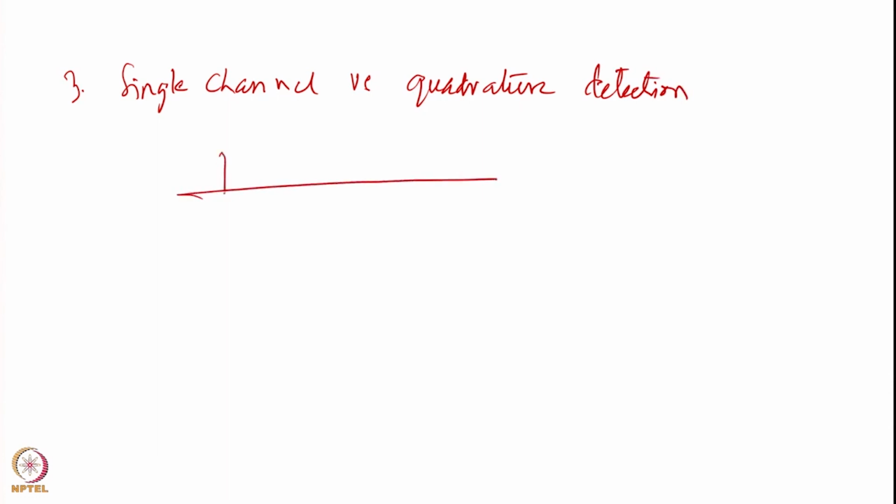So this is my spectral range. Okay, I bring my carrier here, this is my carrier. This whole region is mine, this is the spectral range.